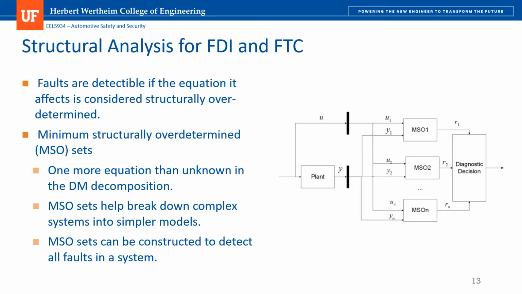It's a way to break down the entire system into smaller sets where the Dulmage-Mendelsohn decomposition of that set produces one more equation than unknowns. So you're always overdetermined, but you're at the minimum level of structurally overdetermined. This helps break the problem down into smaller systems or components and allows you to detect faults.